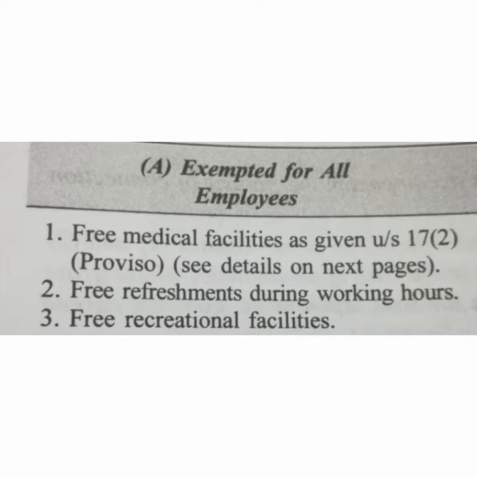If the employer is providing any medical facilities, that is exempted and will not be taxed, provided the treatment is taken from a hospital maintained by the employer, or a hospital maintained by the central government or state government, like those government hospitals. Also, the treatment must be for a disease or ailment specified in rule 3A.